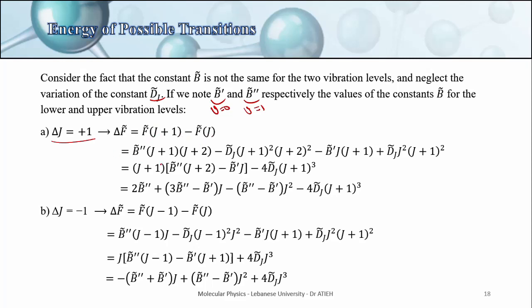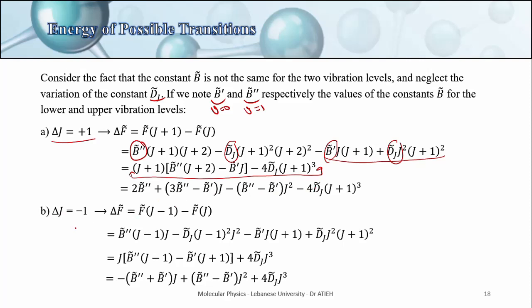So you just have to substitute for F, using B double prime here and B prime for F(J), and don't forget to write B prime, because B prime and B double prime are different now. We're not assuming that these are the same. So just expand, do your job, and you will get something like this. This is what we have arrived at, or it can be rearranged in the second way down.